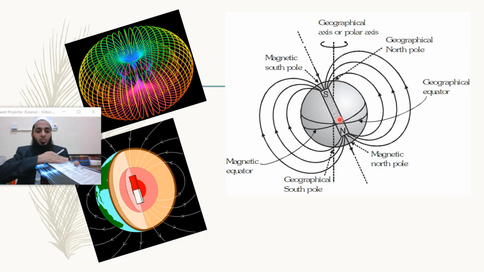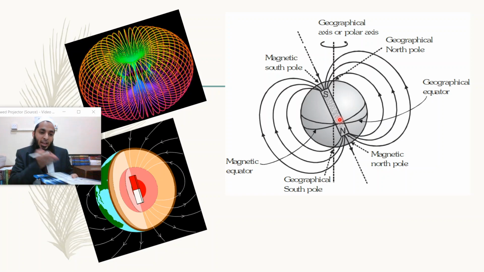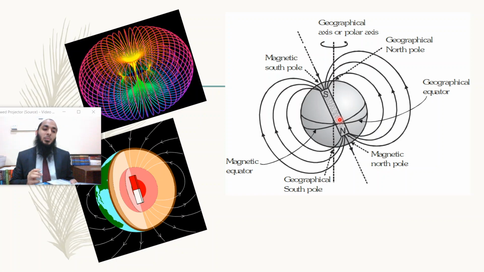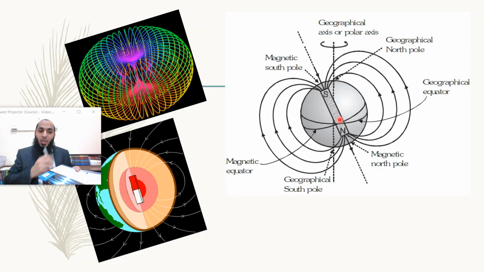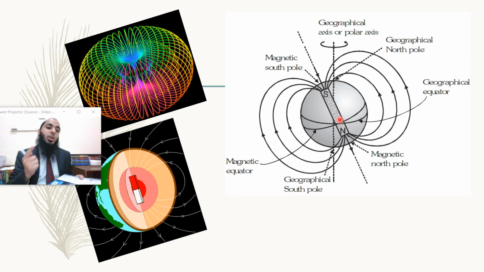Now this plane will cut Earth into two pieces, and the cross-sectional area that you would get is a circle. That circle is the geographical equator, and this plane which cuts the Earth is called the geographical equatorial plane. So I'll repeat, the geographical equatorial plane is a plane perpendicular to the geographic axis, and the cross section that it cuts on the Earth is the geographical equator.